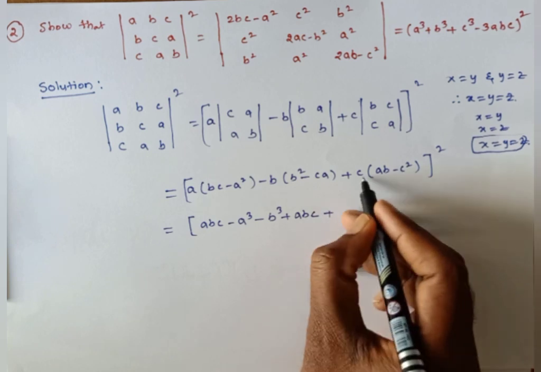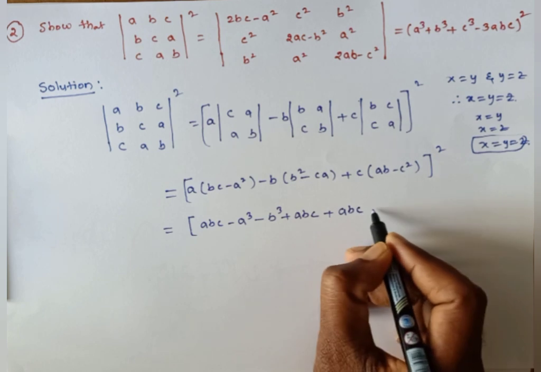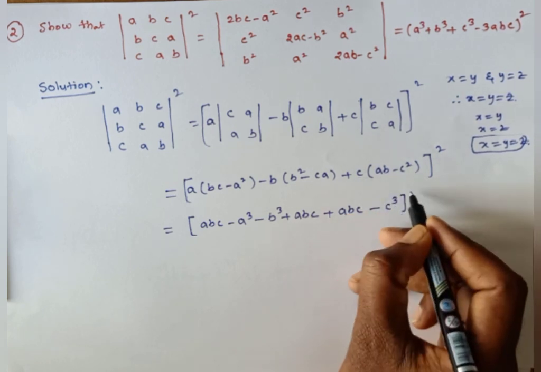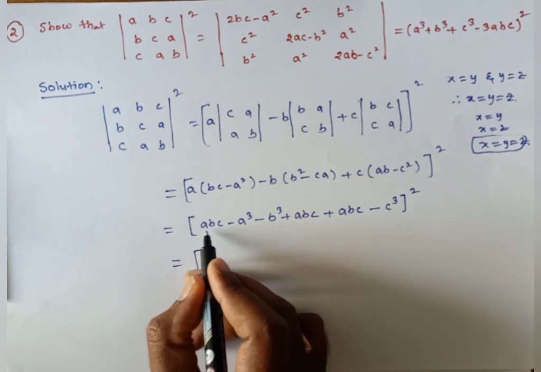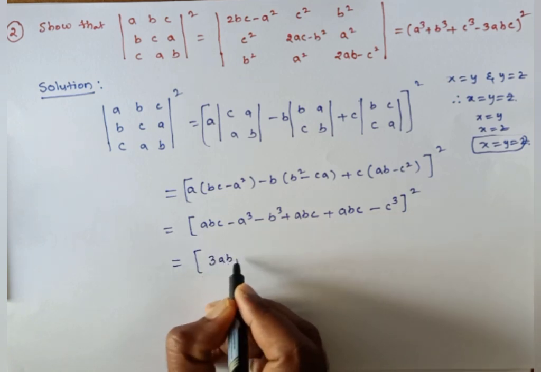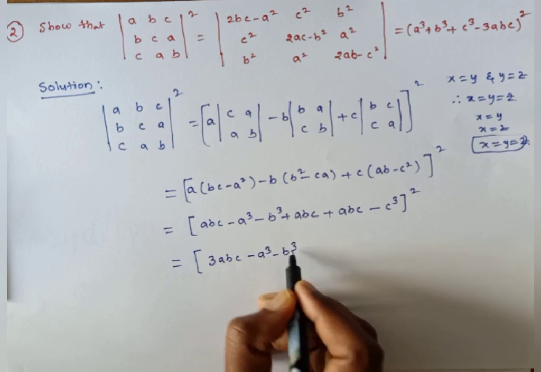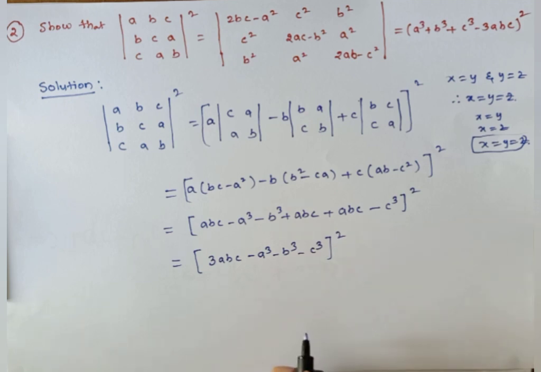Now plus c into ab, cab, or we can write it as abc, minus c into c square, that is c cube, whole square. So this is abc, abc and abc, so the sum of these three abc will be 3abc minus a cube minus b cube minus c cube whole square.